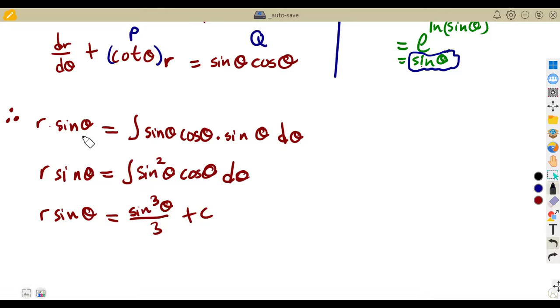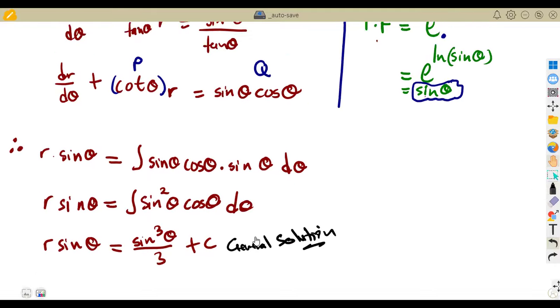But the question is not about the general solution. The question is asking us to determine the particular solution. When we have the constant like this, we have what we call the general solution. So what are we going to do now to determine the particular solution?